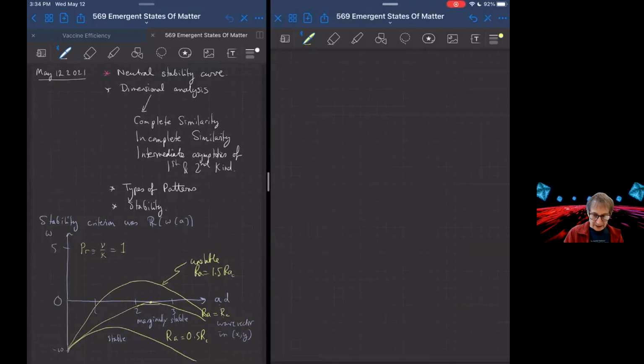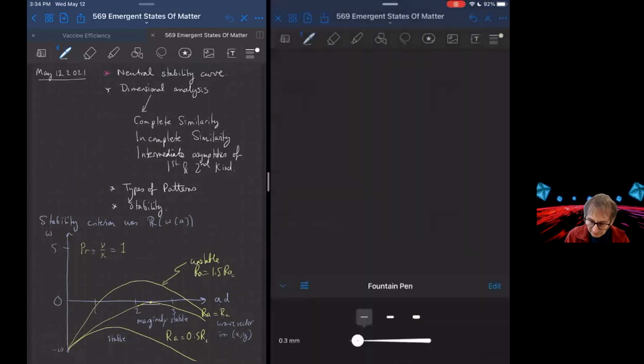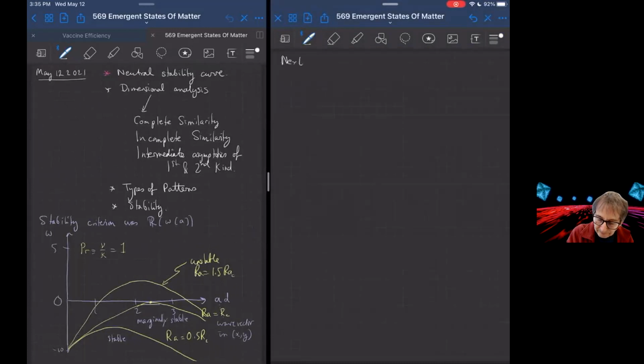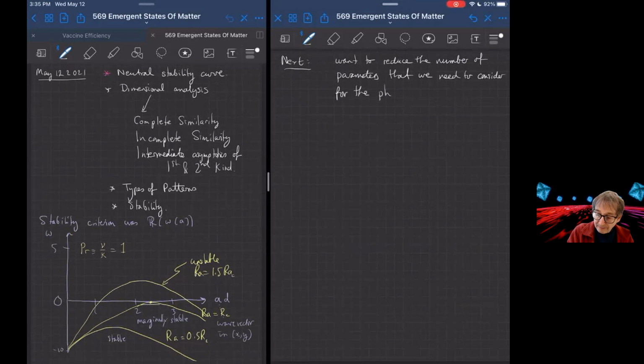Now let's try to understand how we can reduce the complexity of the parameter space. So the next thing that we want to do is reduce the number of parameters that we need to consider for the phase diagram.